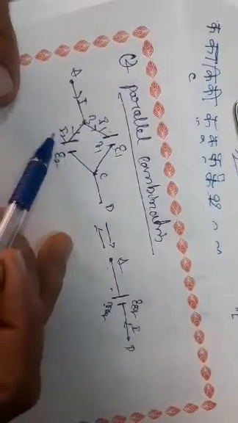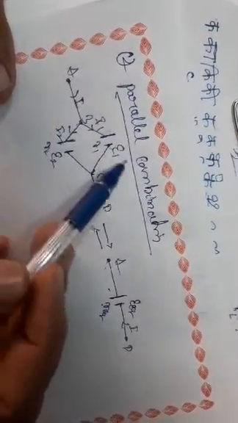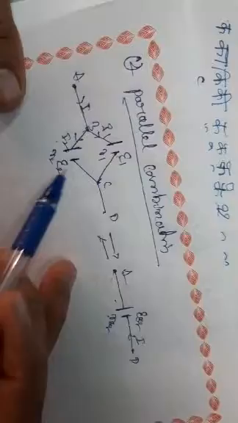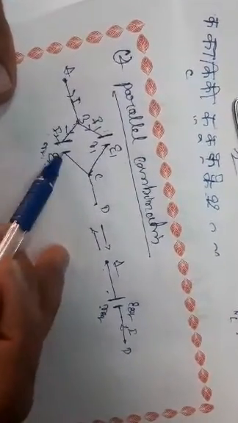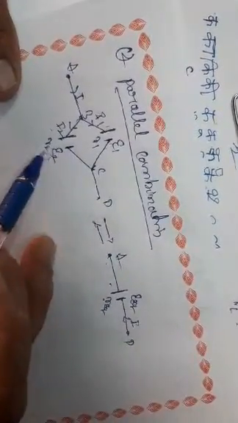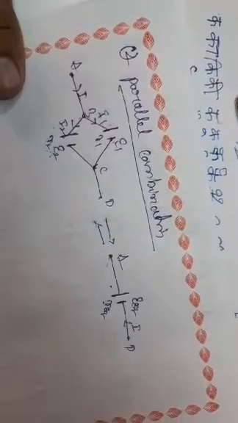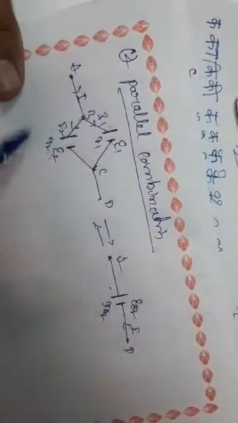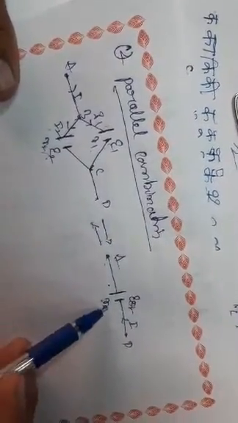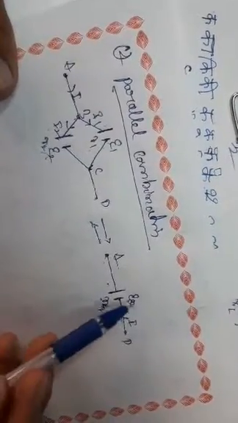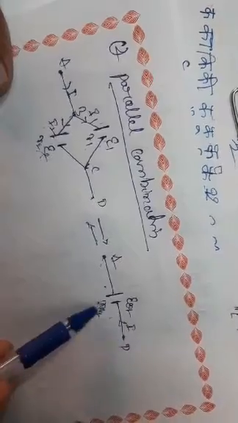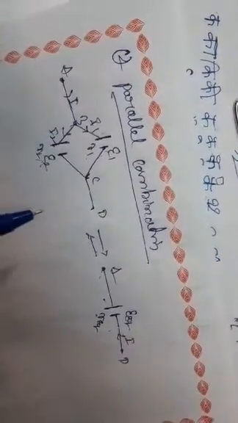I1, I2 are the two different currents, E1, E2 are the two cells, and R1, R2 are the internal resistances of the cells. This combination is replaced by a single cell, called E equivalent. The current is the same, and the potential difference is V.